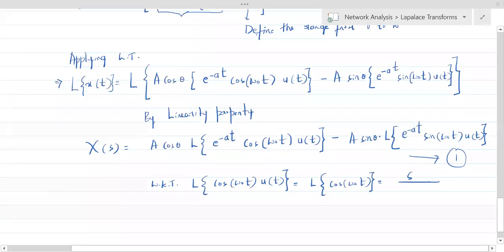This is s by s square plus omega naught square.